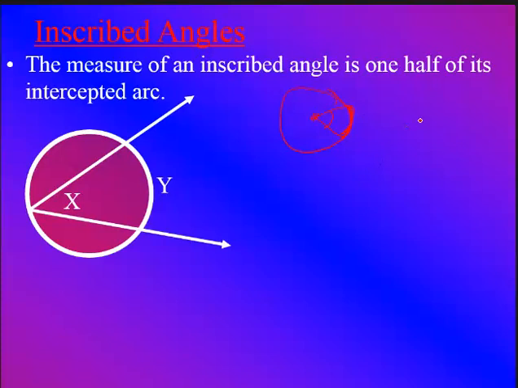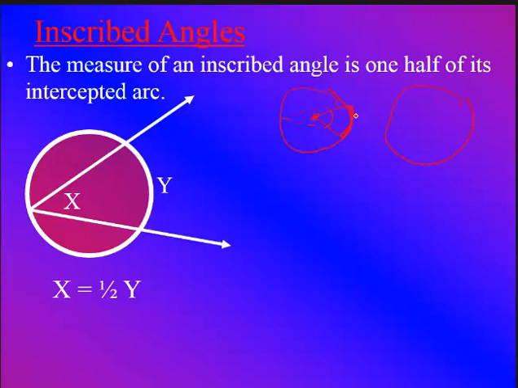Well, if we were to back this vertex up all the way here and make an angle that intercepts the same arc, would this angle be smaller or bigger than this central angle? Obviously, it's smaller. How much smaller? It's half the size of that other one.